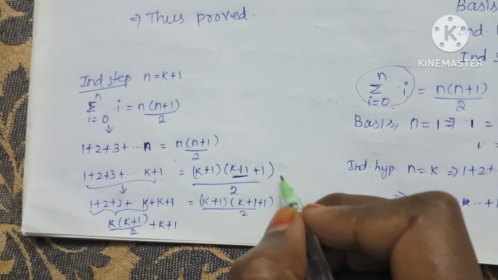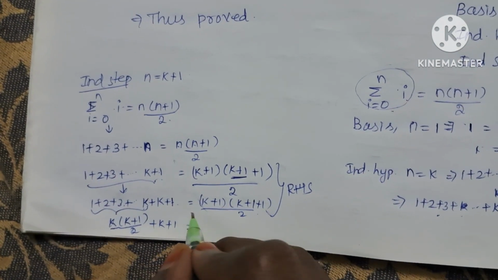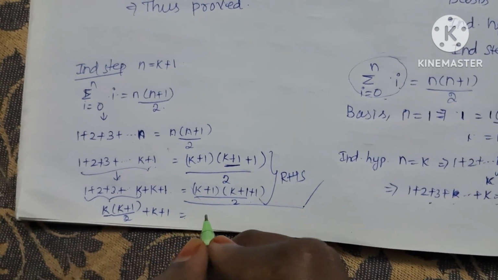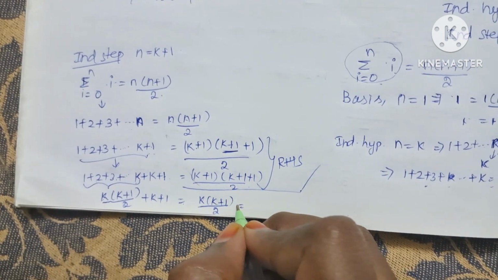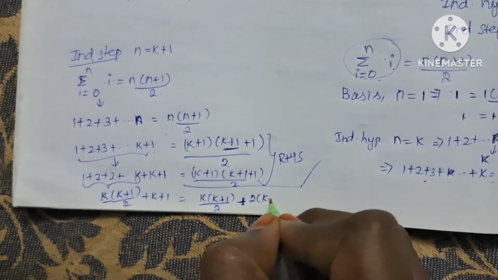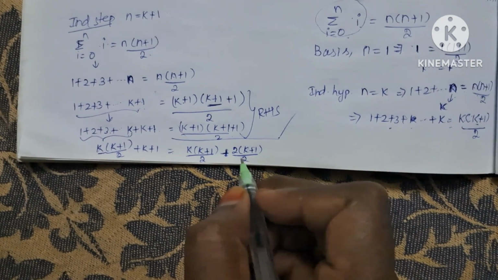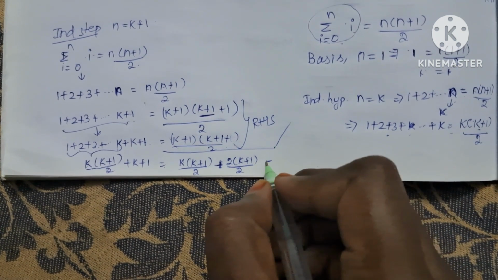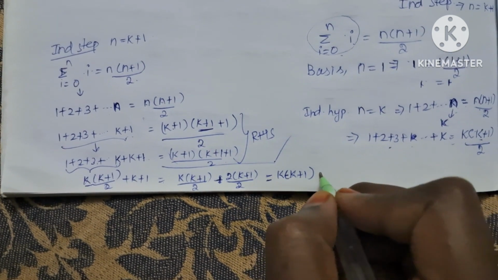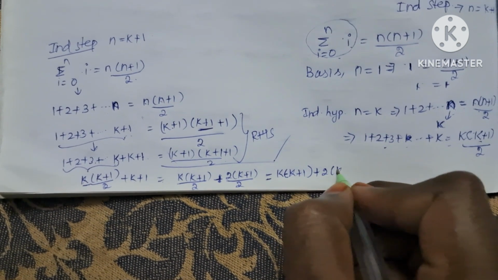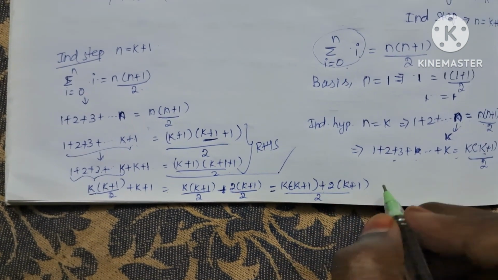So leave the right hand side. This is right hand side. This left hand side is equal to k into k plus 1 by 2 plus 2 into k plus 1 by 2. So we are taking the LCM, and which is equal to k into k plus 1 plus 2 into k plus 1 by 2. Since k plus 1 is common, we take it outside.